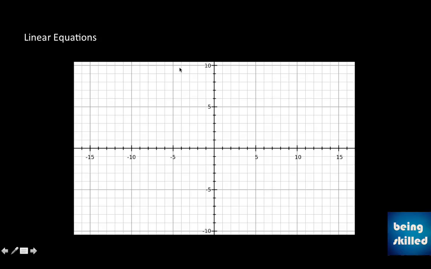So talking about linear equations, we just saw the graph of x equals y plus 2, and we observed that when we are talking about linear equations, there has to be this equals sign.